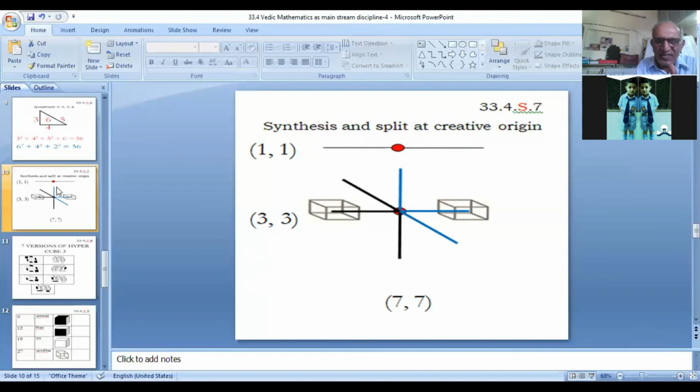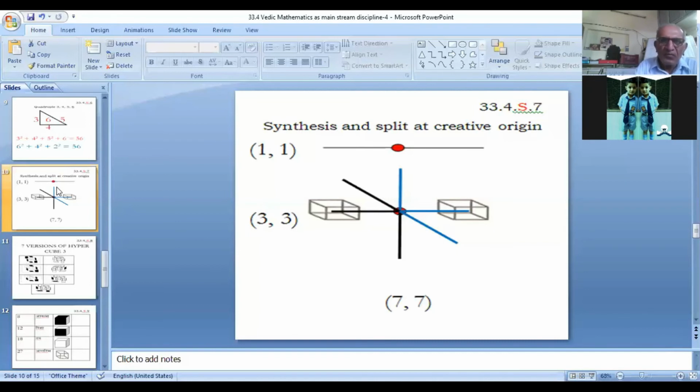It is a synthesis and the split at the creative origin, which is to remain a point of focused attention while we are up till the third letter. Then we are face to face with a sealed domain, domain being sealed because of the origin of a higher order having placement at the center, at the middle.